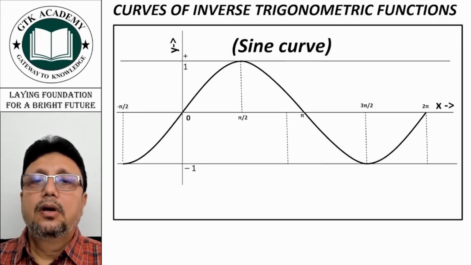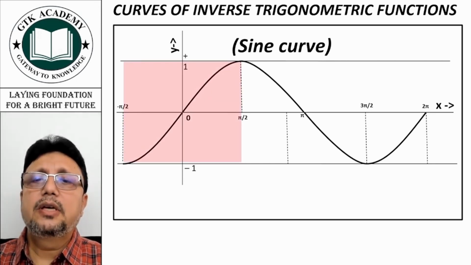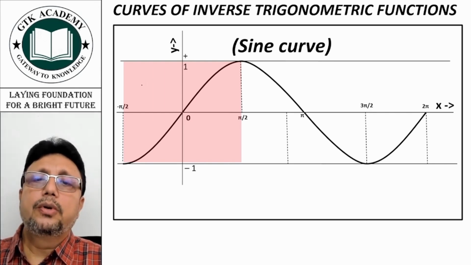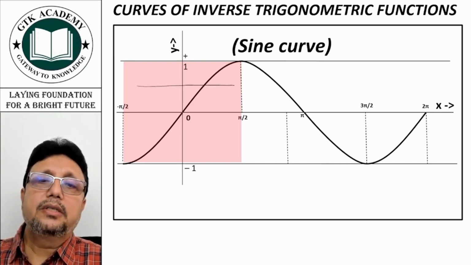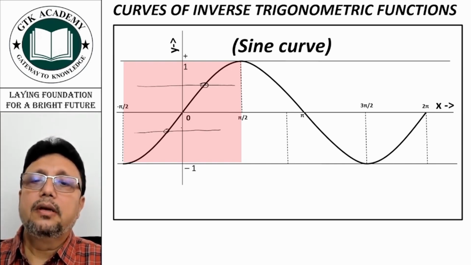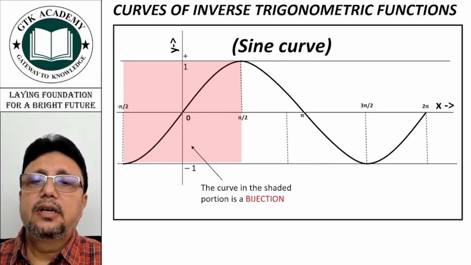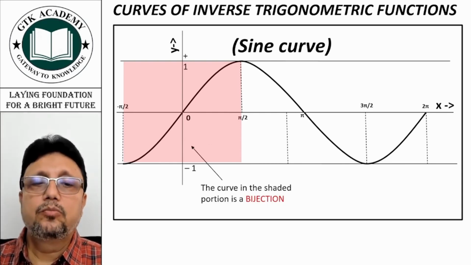Now, we said that we will be drawing the inverse of sine in a particular domain, say minus pi by 2 to plus pi by 2. You can see if you draw a line parallel to the x-axis, it will cut only at one point. So in this region, the curve is a bijection.